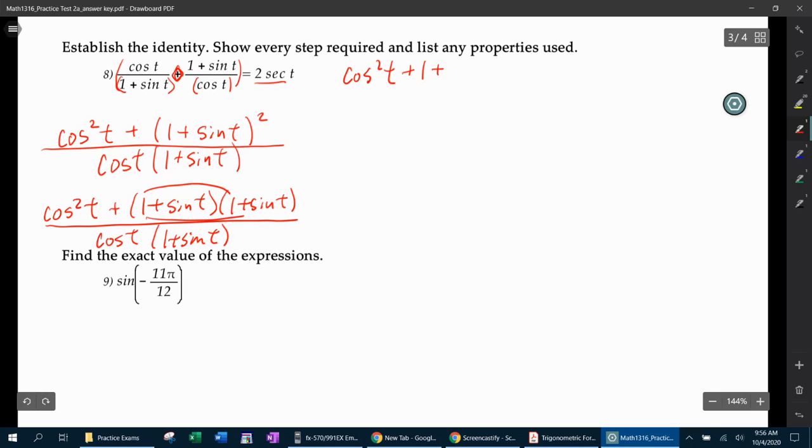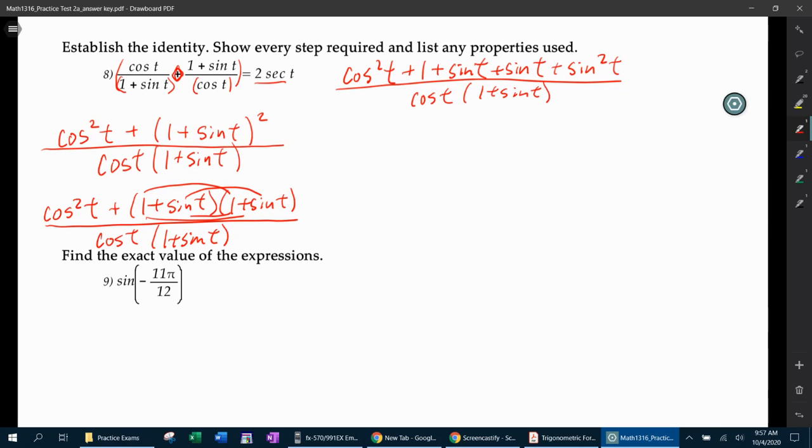On the outside, we have a plus sine t. On the inside, we have a plus sine t. Last but not least, we have a sine squared t, all over the common denominator. And a lot of people will get in the habit of dropping that. You do need to write it every time.